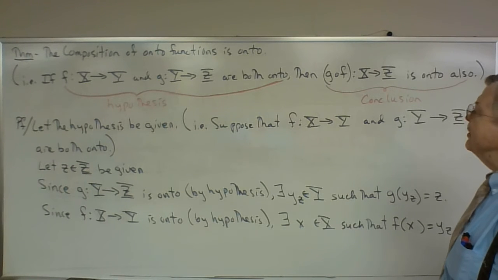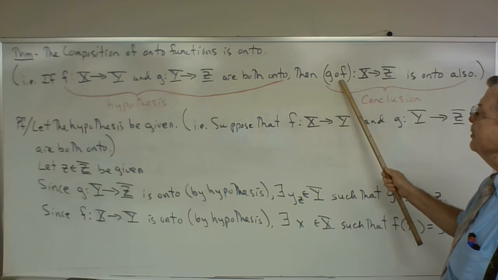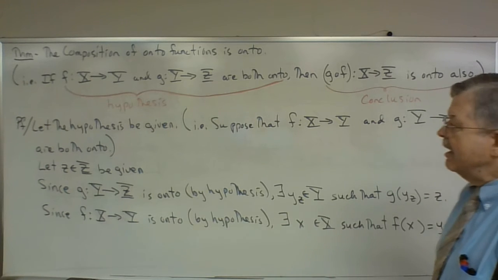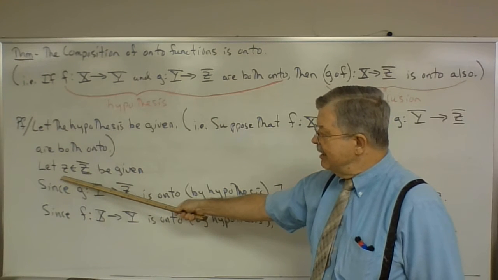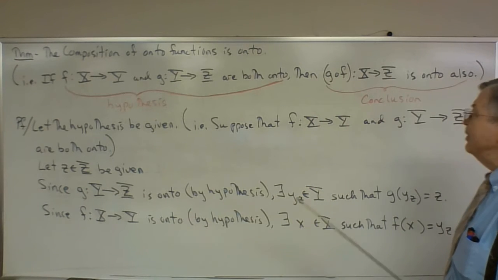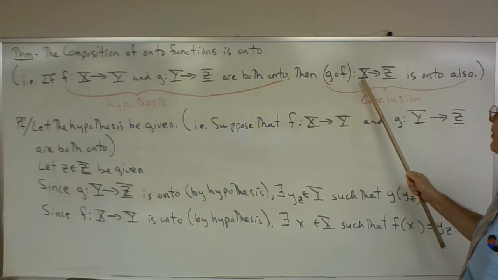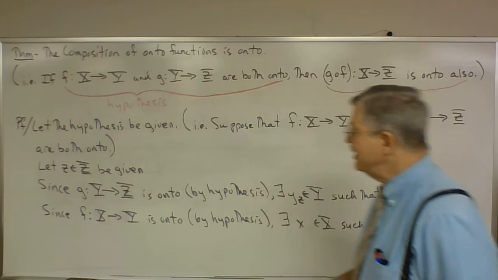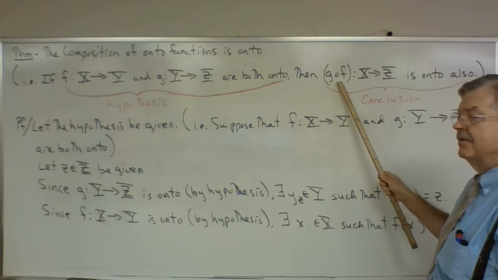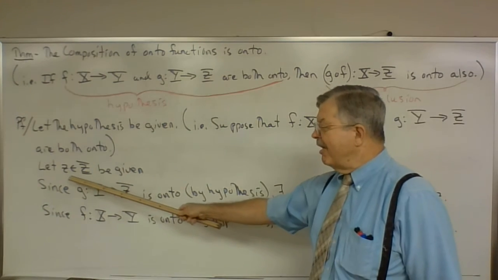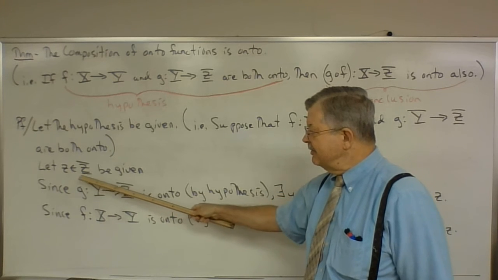To show that the composition, g composed with f, from set X to set Z is onto, we're going to pick an arbitrary element, little z, in set Z. Our goal is to show that there's an element in set X that gets assigned this element, little z, by the function g composed with f. So again, we pick some arbitrary element, little z, in set Z.